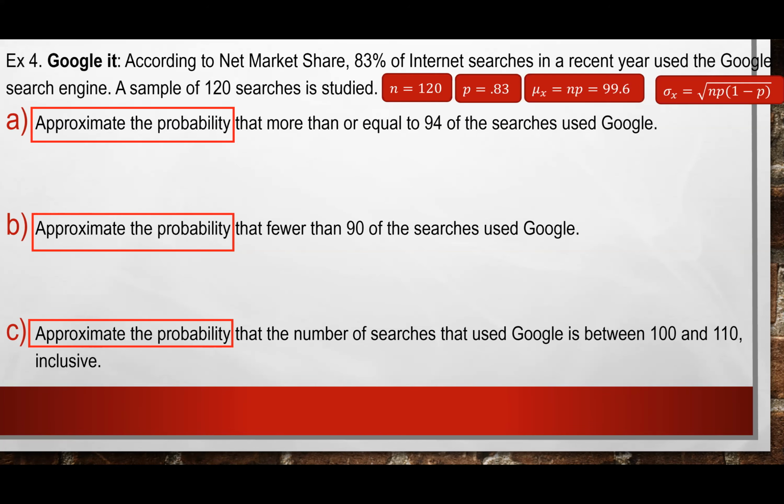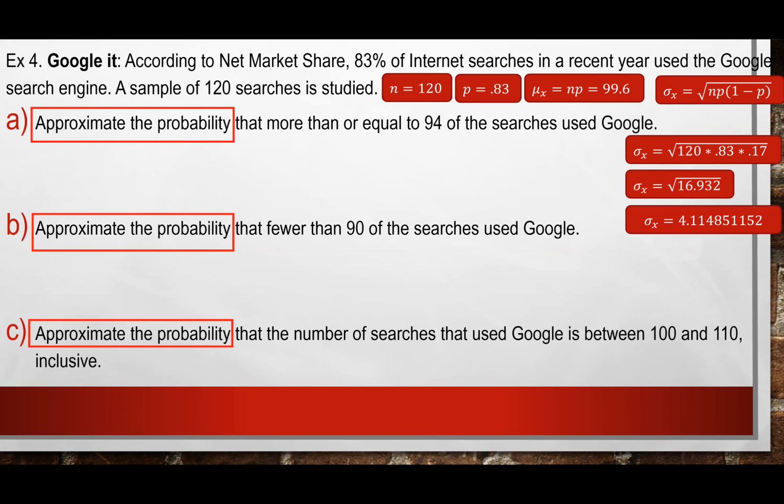Then to find the standard deviation, I need to take the square root of n times p times 1 minus p. Reminder, if you want to type in the square root of 120 times 0.83 times 0.17, that's fine.